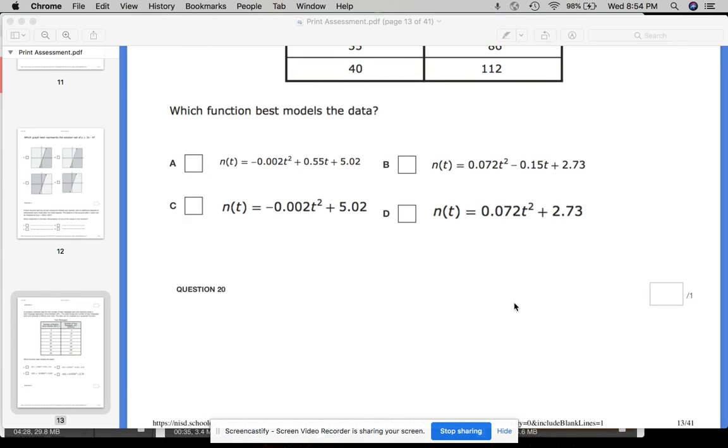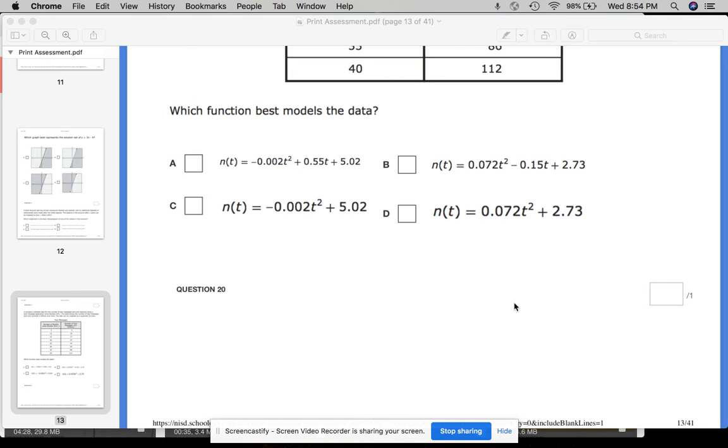A. N of t equals negative 0.002 t squared plus 0.55 t plus 5.02. B. N(t) equals 0.072 t squared minus 0.5 t plus 2.73.